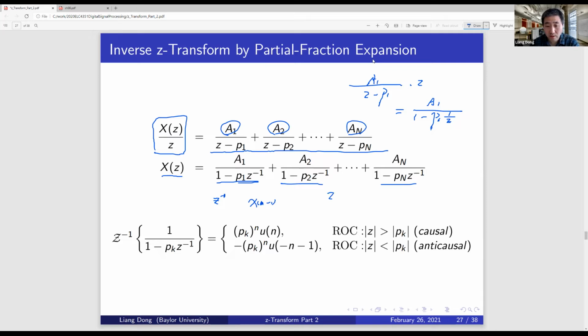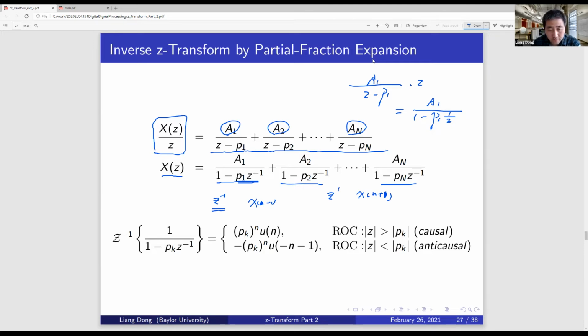If it's z to the power positive 1, that is a time advance. You're trying to get some signal in the future, which theoretically we don't have yet. So it's not causal, and we like to have something in delay. And of course, everything is put into this format in our z transform pair table. Everything is in z to the power negative 1, so it's easy for us to get back to those data.